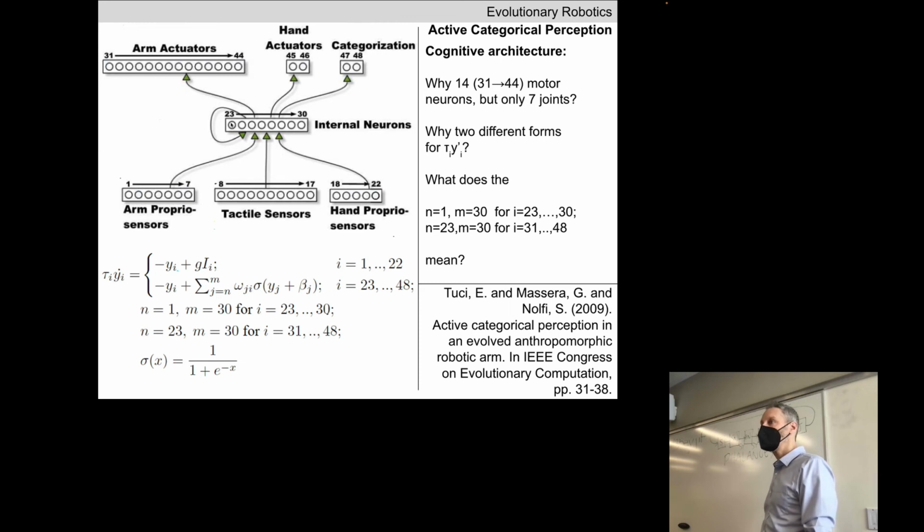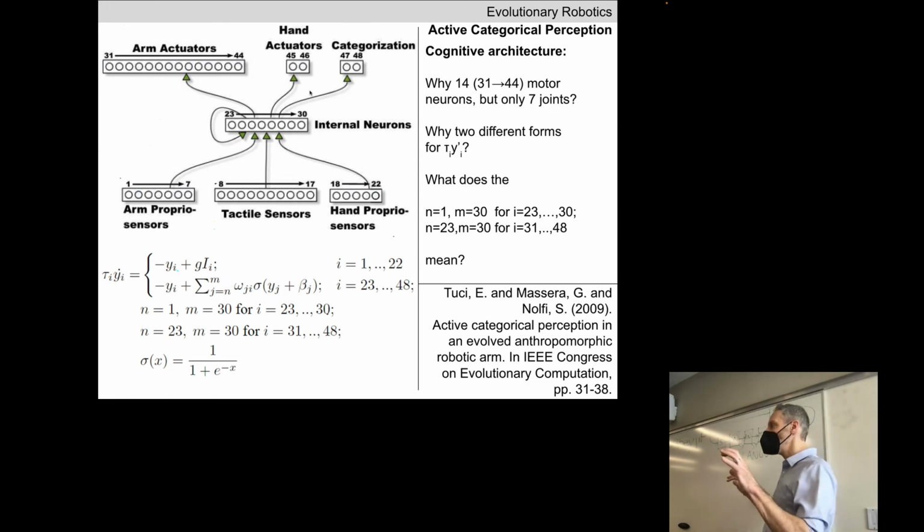Everybody see that? Okay. For the 31st through the 48th neuron, which are the motor neurons up here, they are receiving incoming synapses from the 23rd through 30th neurons, which are the hidden neurons. That's represented by these arrows here.